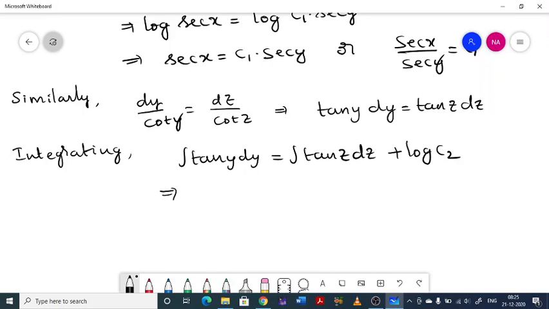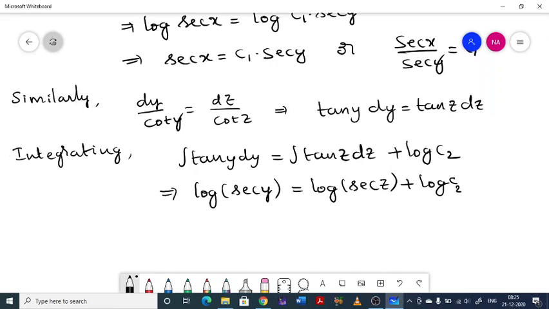So this is log of secant y equal to log of secant z plus log c2. So with the usual simplifications, finally I'll get c2 equal to secant y divided by secant z.